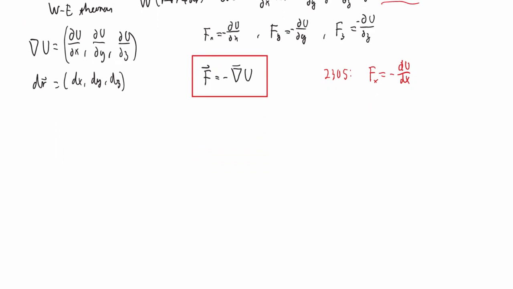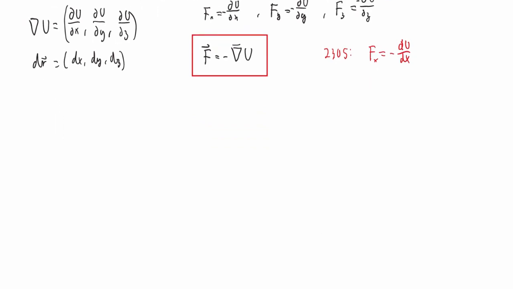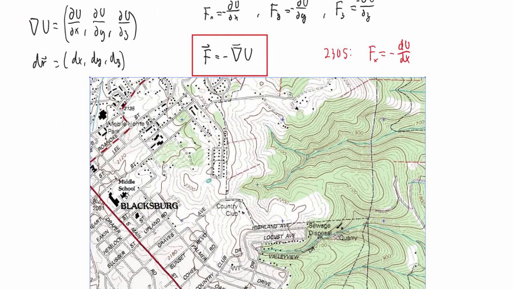Just to get an intuitive feel for what this actually looks like, take a look at this topographic map. This is a map of Blacksburg, and you can see these lines correspond to constant height, constant elevation.